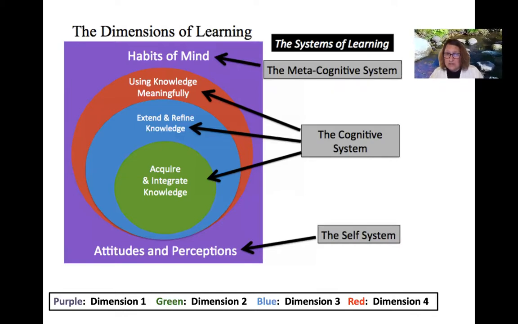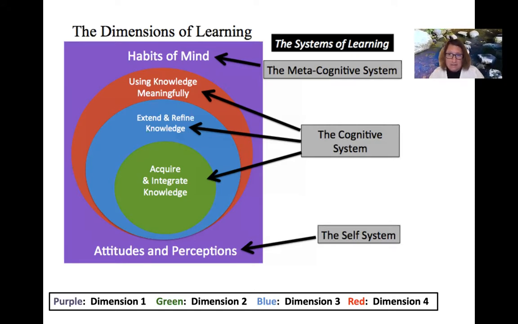So the first circle is habits of mind, and really, you know, you can lump those attitudes and perceptions into that. That purple is all the social emotional learning stuff. So no matter what kinds of resources you are using, we are going to be using a combination of resources that can help us to build out the capacity of our students to have strong habits and positive, productive attitudes and perceptions.